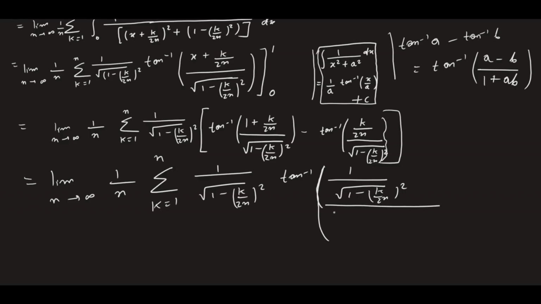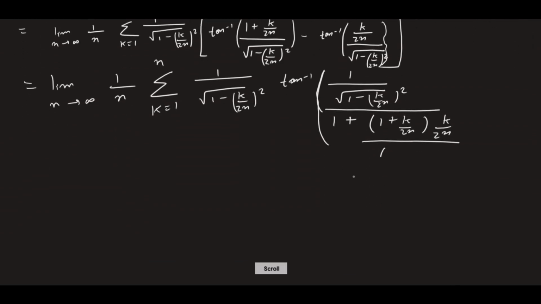So 1 plus AB will be 1 plus k by 2n times k by 2n upon 1 minus k by 2n whole square.